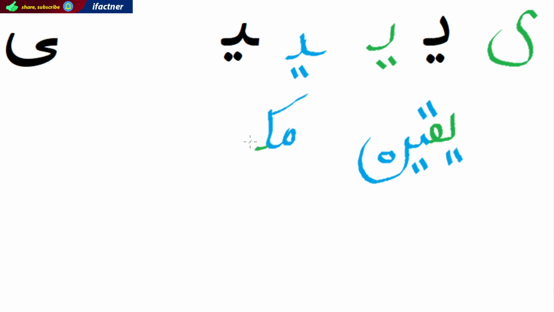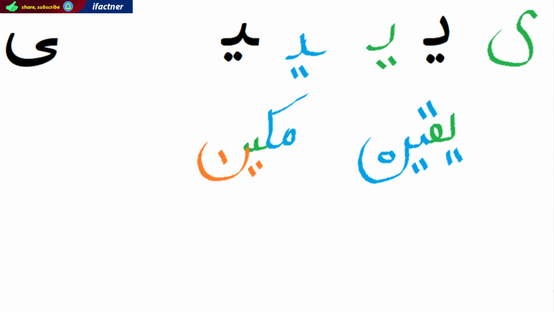So this is the connector, and then we write Chotiya like this, and then noon here. So it becomes Makeen. Makeen means the persons who are living in the house. Who is living in this house?